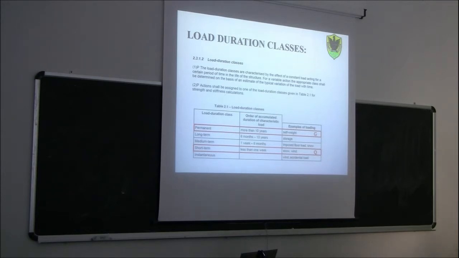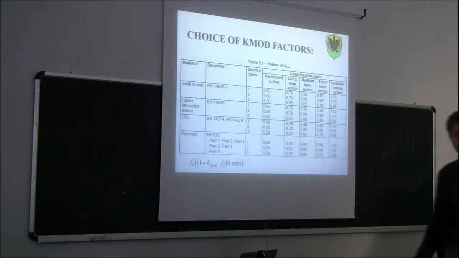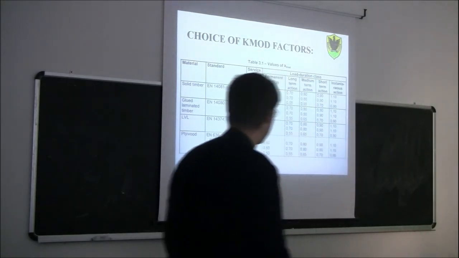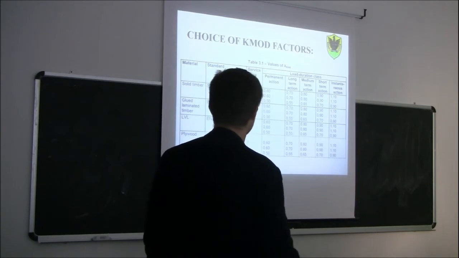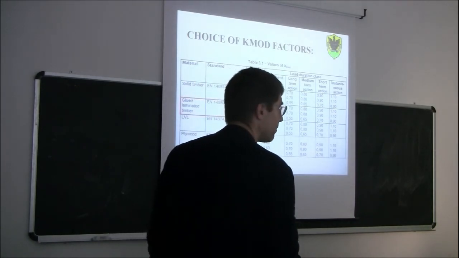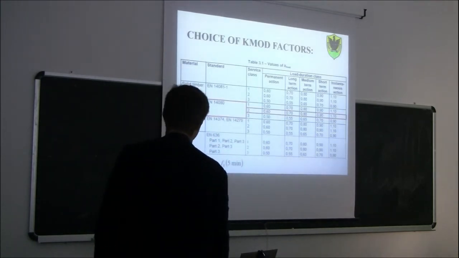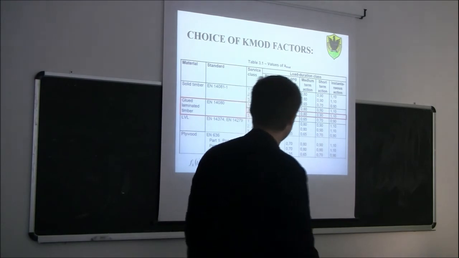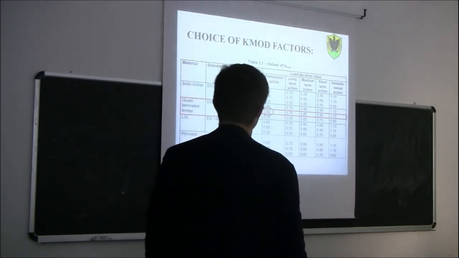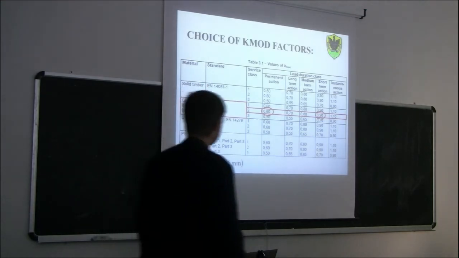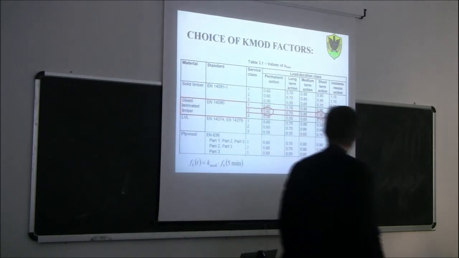Now we go to this table, which is taken from Eurocode 5; the Italian national regulation has a similar table. We select glue laminated timber. We select the line corresponding to service class 2, and then we select the two loads. We have a permanent one, so k mod is 0.6, and we have a short-term action, the snow, k mod is 0.9.